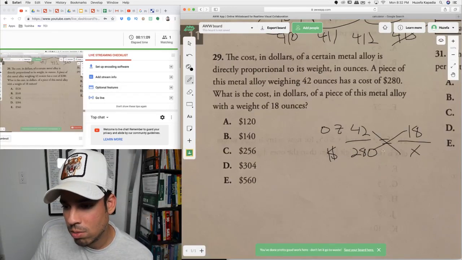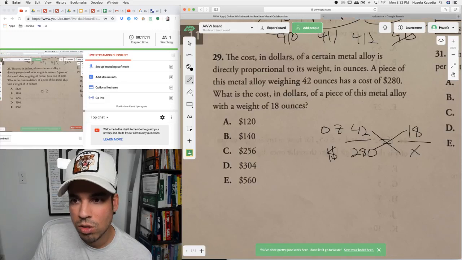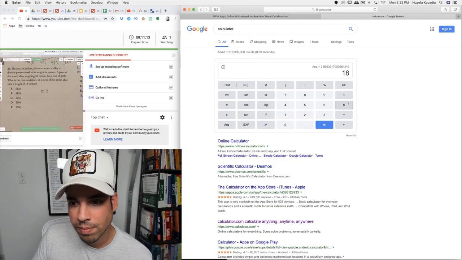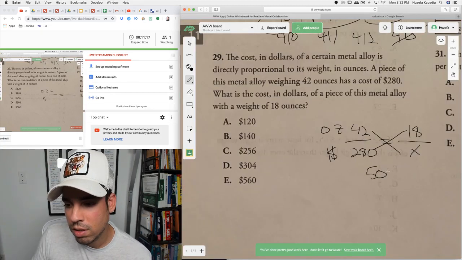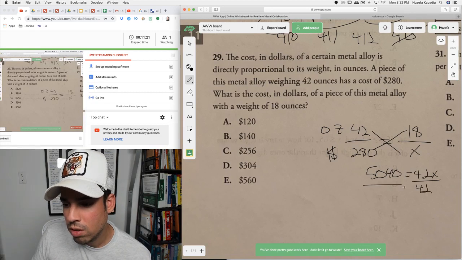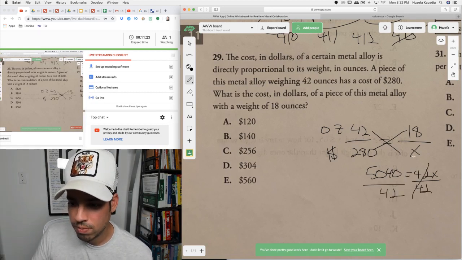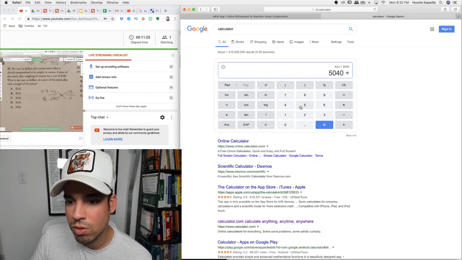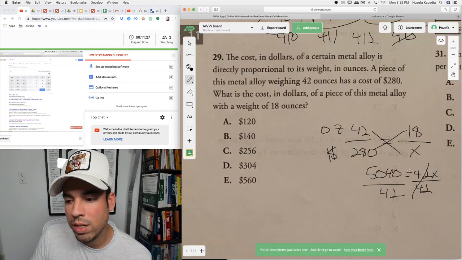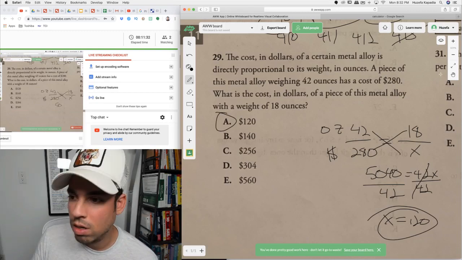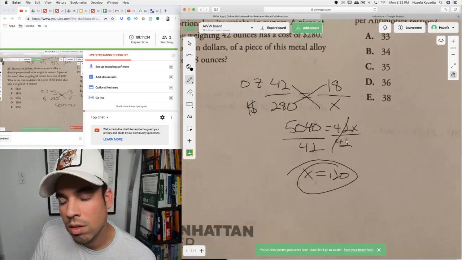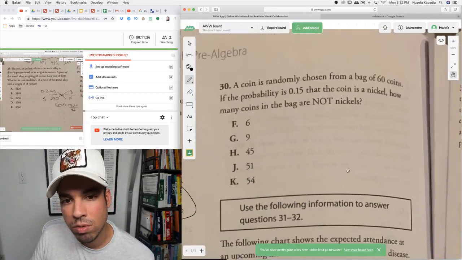And we have a calculator, so I'm not even going to worry about reducing it. 18 times 280 equals 5,040, equals 42x, divided by 42, divided by 42. 5,040 divided by 42 equals 120. x equals 120. Boom. Done. Excellent. Let's move on to 30.